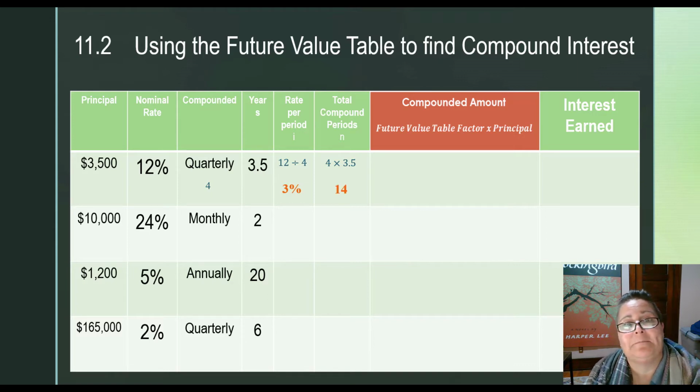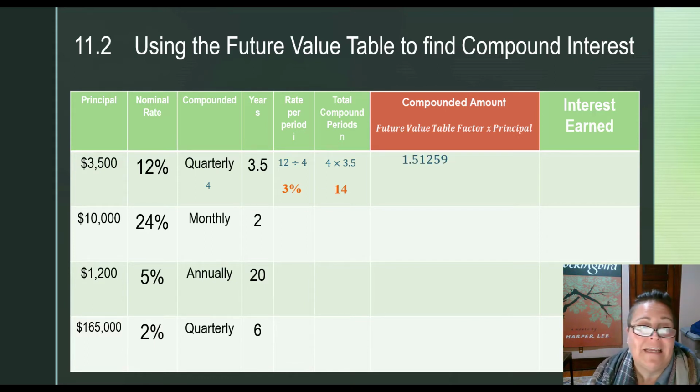This is 14. On my future value table, table 11/1, I am going to look up 3%. That's the column I want. And the row I want is 14 periods. So I'm going to go down the 3% column and across the 14 row.